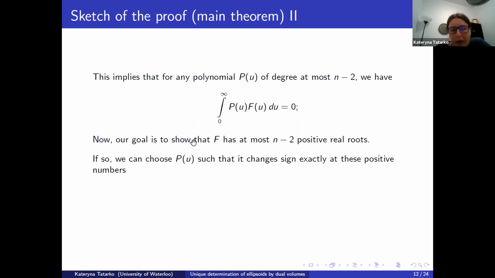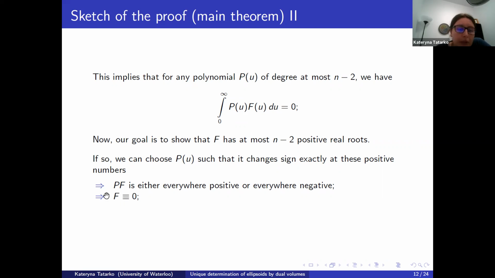So I assume for now that the function F capital actually has at most n-2 positive real roots. Then by picking this polynomial in this way, we know that the product of the polynomial p and the function F capital has a determined sign. It's either everywhere positive or everywhere negative. But then this equation will imply that the function F capital should be identically equal to 0.